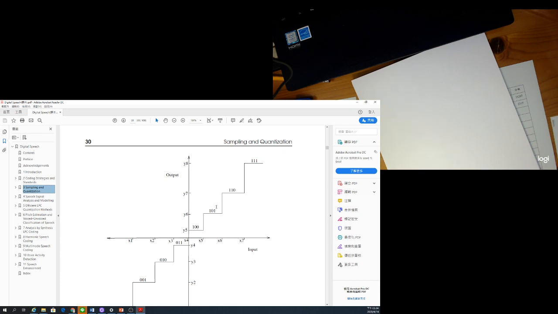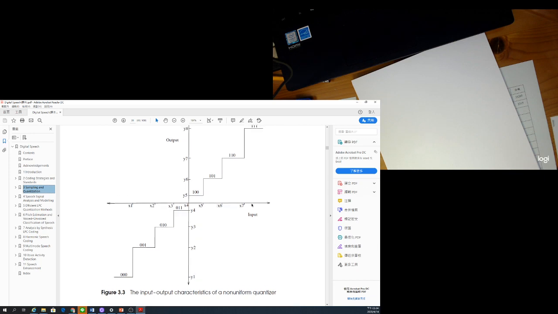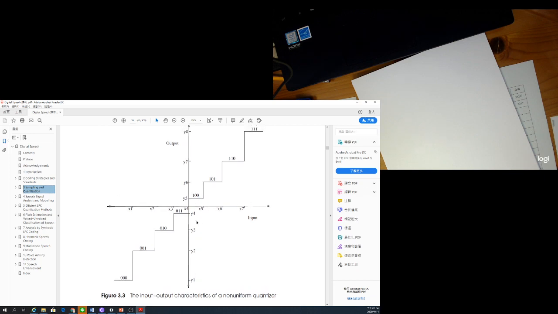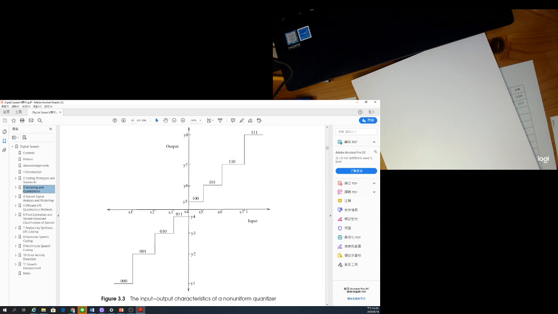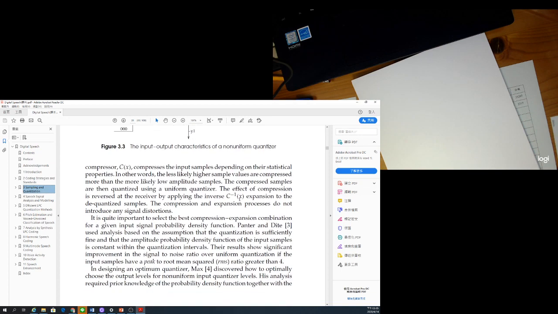That centroid point is your optimal quantization level. This example shows our data frequently comes out around S3 and S5. You can see quantization levels S5 and S4 are closer together, and later on S7 and S8, the step size will be bigger. That indicates that signals in this region do not come out frequently. So this is a non-uniform quantizer.